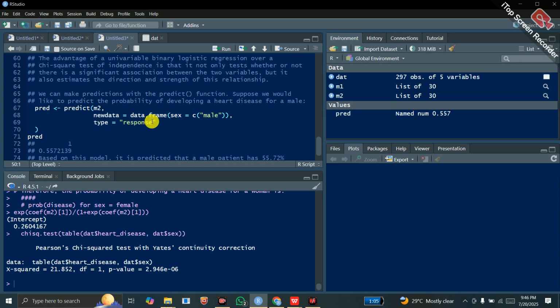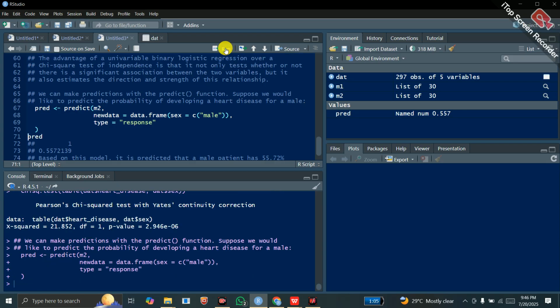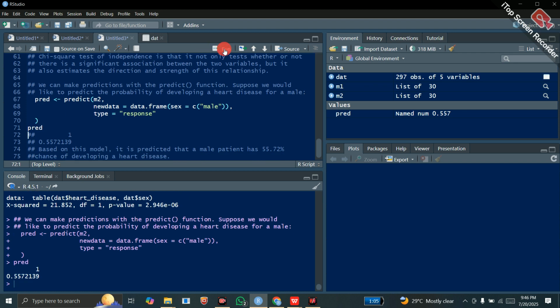If I click run, it will calculate the predictions, and let me click on predict, then it will give me a probability of 0.557.